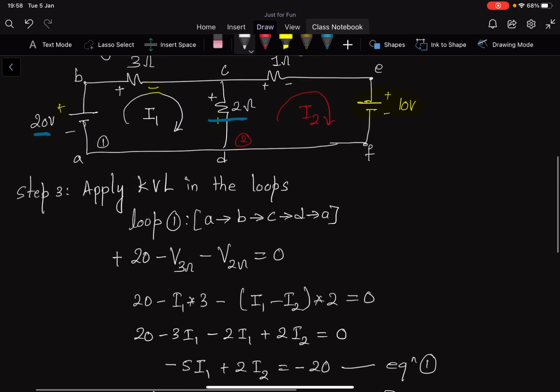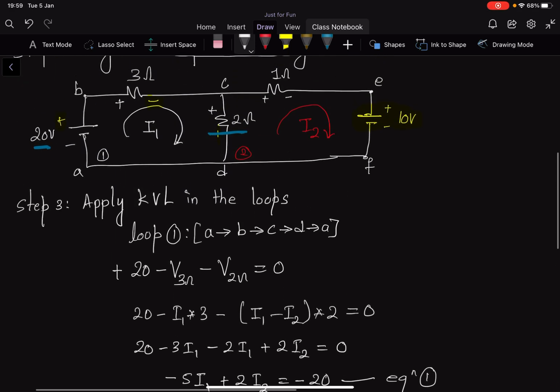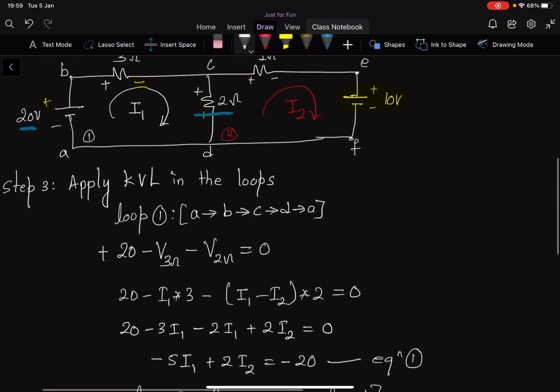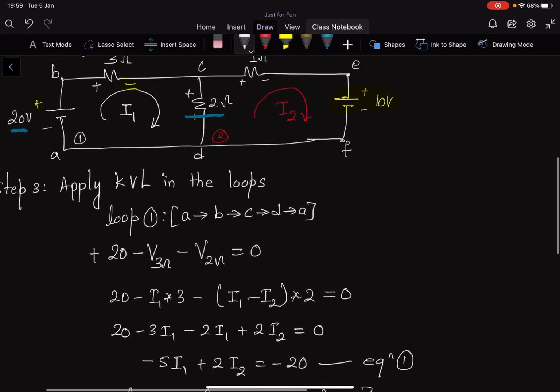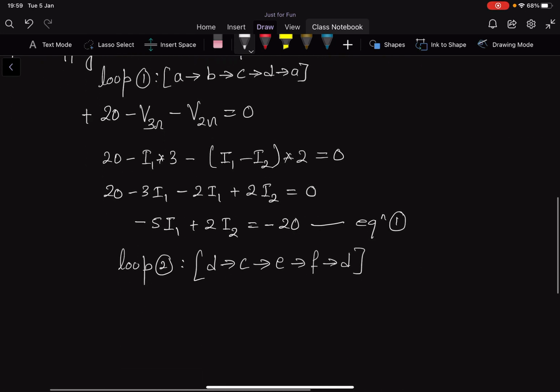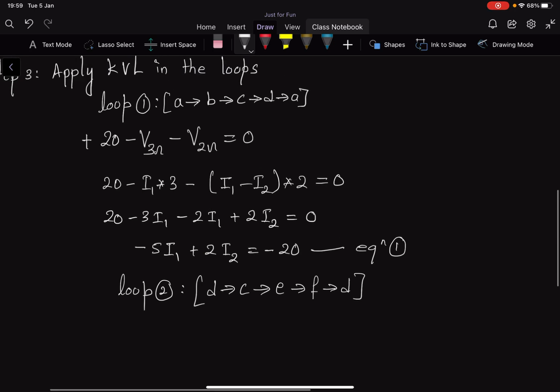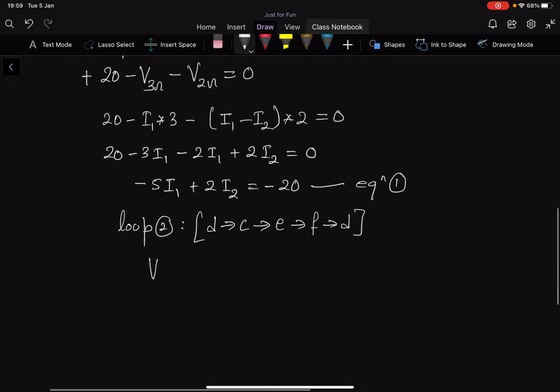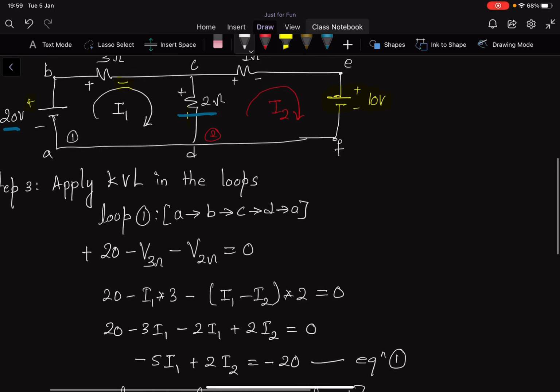And again, Kirchhoff's voltage law states that the sum of the voltages inside a closed loop must be equal to 0. So I need to find all the voltages in this loop. The first voltage I see from D to C is basically the 2 ohm resistor voltage, whatever voltage drop in 2 ohm, but is it positive or negative?